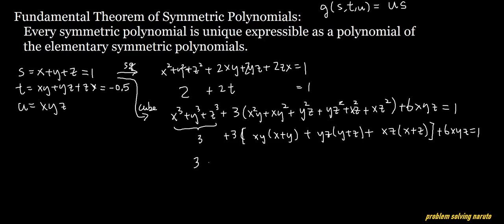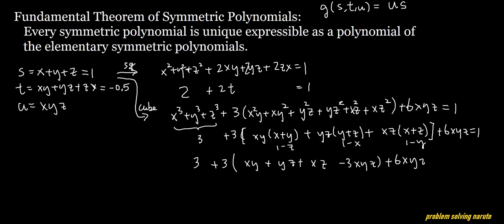So substitute 1 minus z, 1 minus x, 1 minus y, you get xy plus yz plus xz minus xyz minus xyz minus xyz, so minus 3xyz.